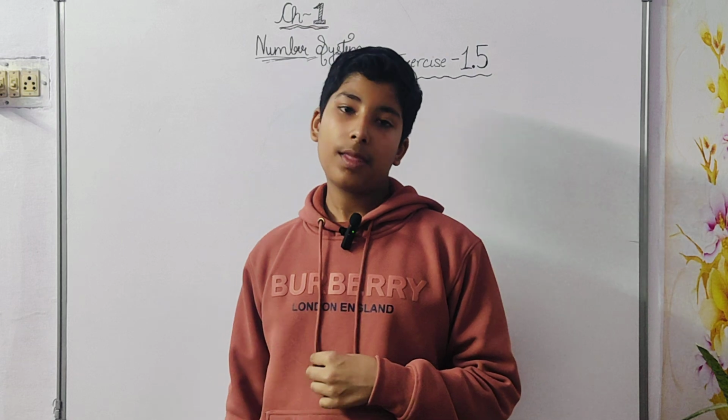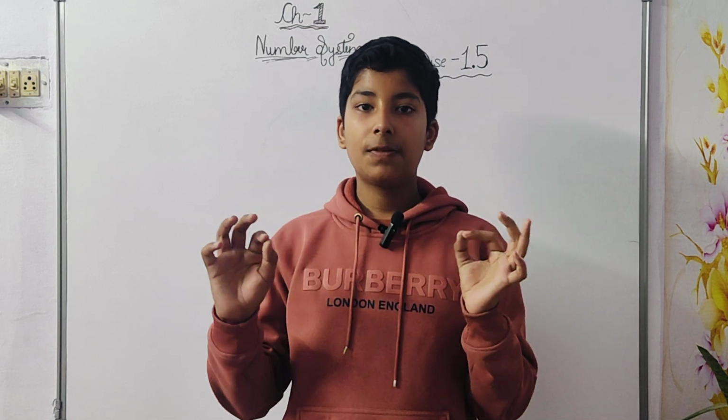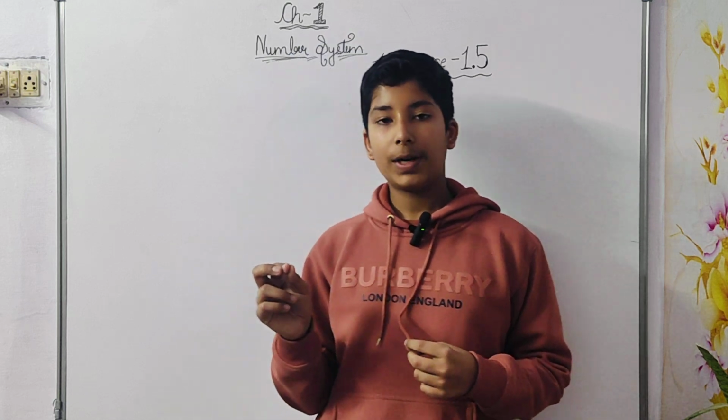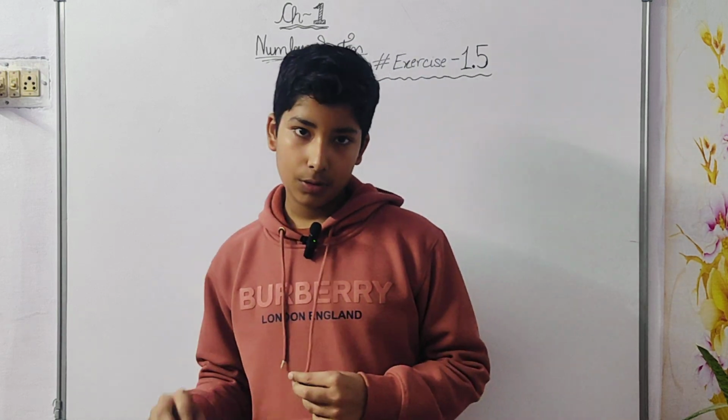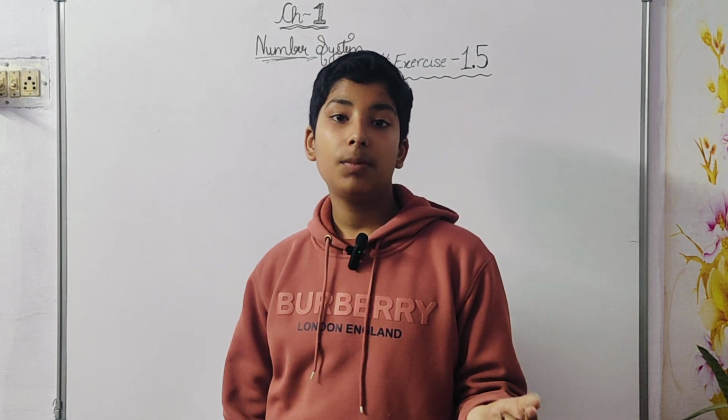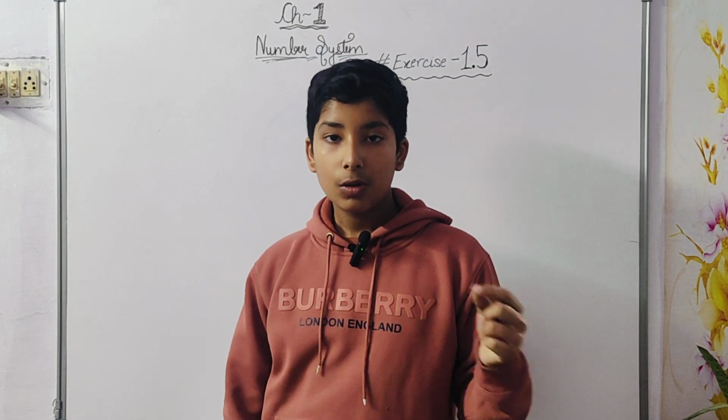Why? Because firstly, we don't know whether C and D are irrational or rational. If their values are, let's say, 3 and 4, then we know. But they can also be irrational numbers like root 3 or root 2, so we don't know.